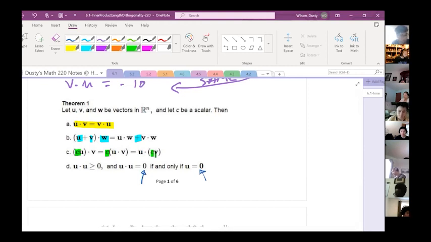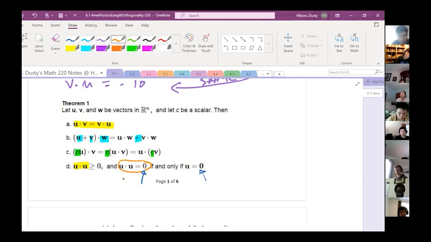And lastly, if you take a vector u and you dot it with itself, then your answer will always be non-negative. When is it going to be 0? Well, I guess it says right there, it's 0 if and only if u is equal to 0.